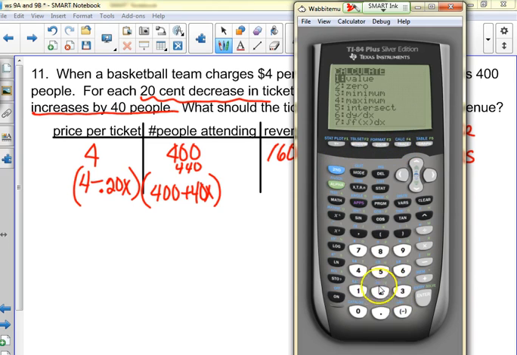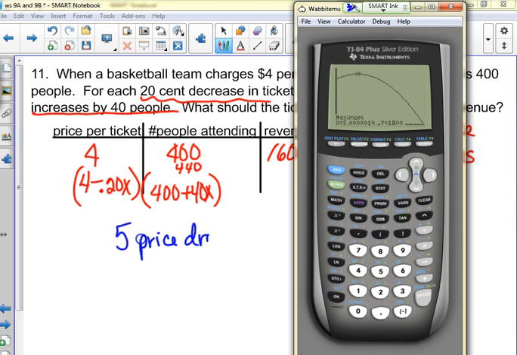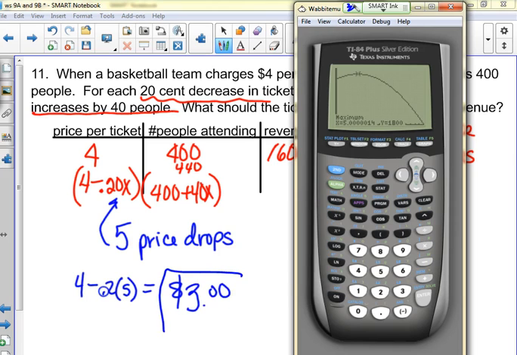So if I calculate the maximum between 0 and 20, it occurs at 5. And how do I find the actual cost then? 4 minus 0.2 times 5 is $3, the best price, I think.